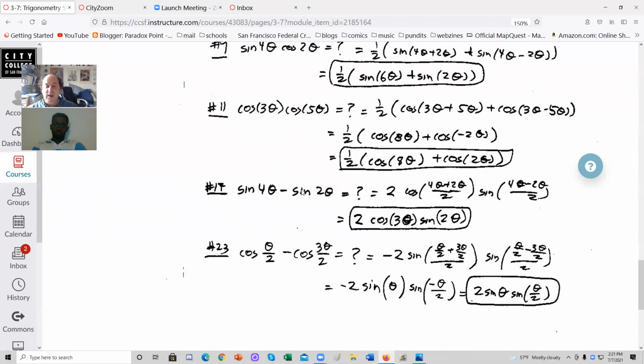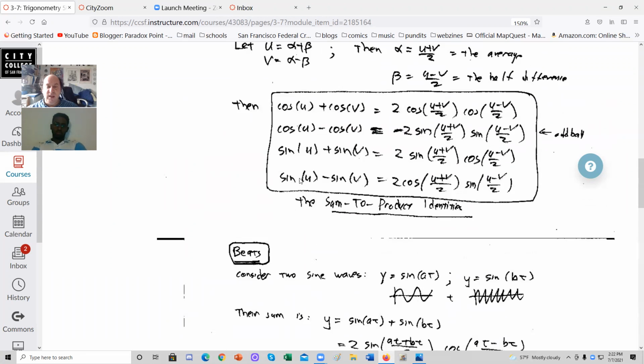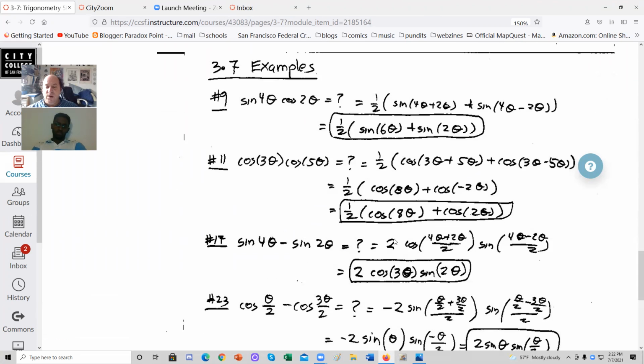Here we have a difference of sines. Sine 4 theta minus sine 2 theta. So difference of sines is 2 cosine of the average times sine of the half difference. So 2 cosine of the average, sine of the half difference. 4 theta plus 2 theta over 2 is 3 theta. 4 theta minus 2 theta over 2 is, oh dear, did I mess this up? I messed that one up.